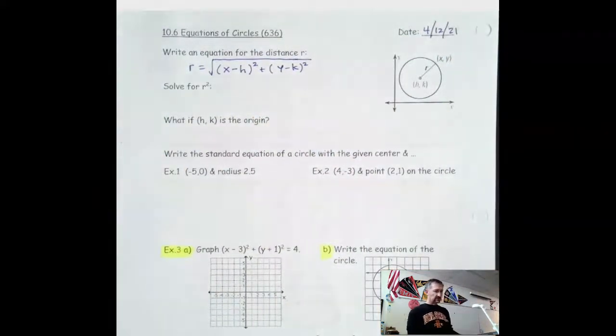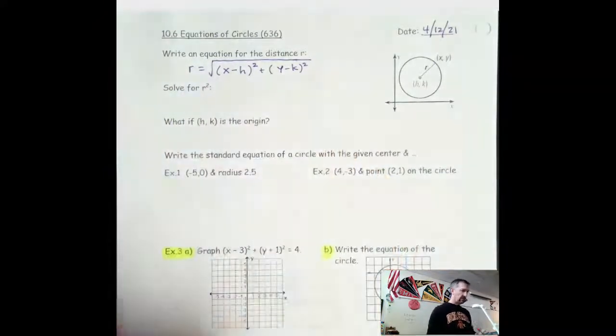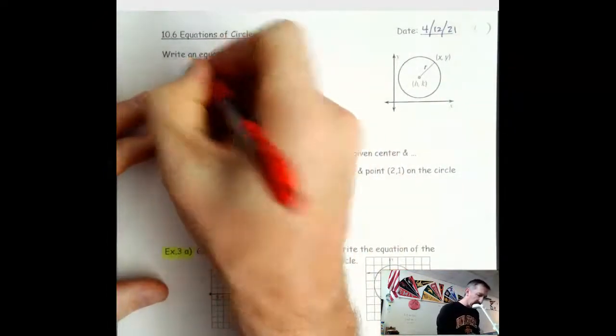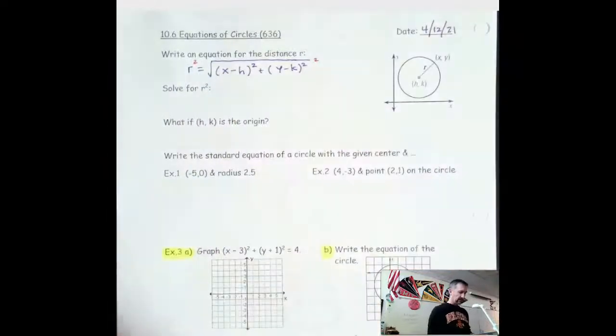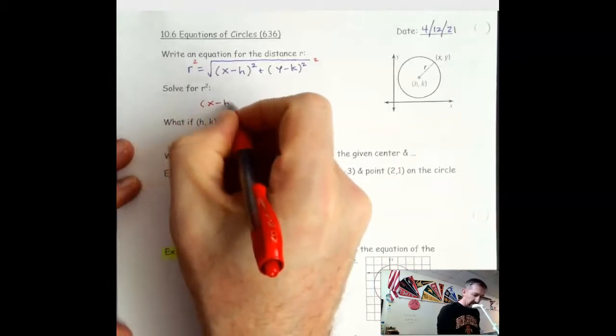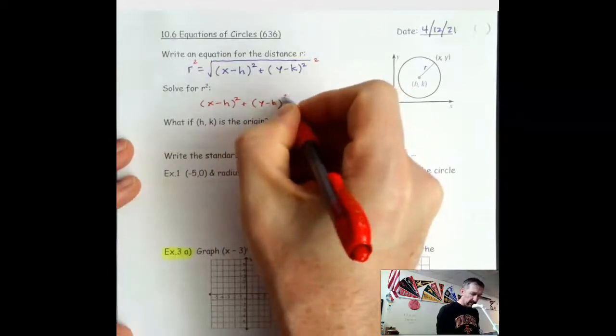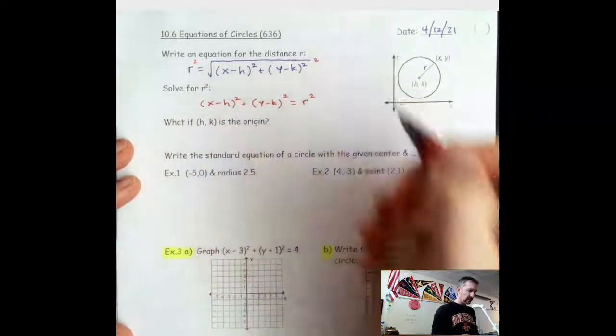So there's the distance formula. Now if we want to solve for r squared, we could square both sides here, and then we usually flip that over. So we put x minus h squared plus y minus k squared equals r squared.